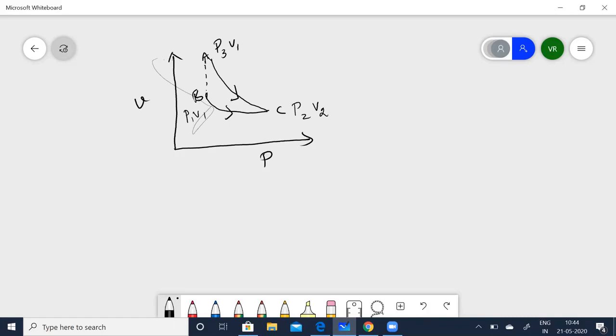Obviously V is going to be somewhere here. Don't confuse V1 and V. So this is V1 and this is V2. So the adiabatic change is from V2 to V1.